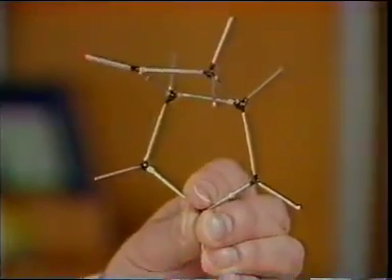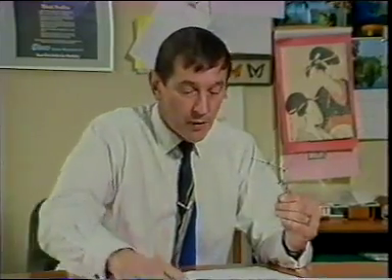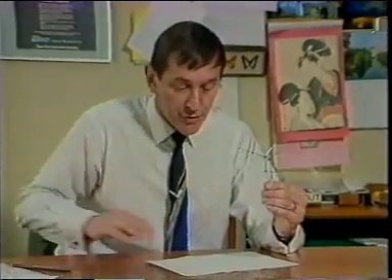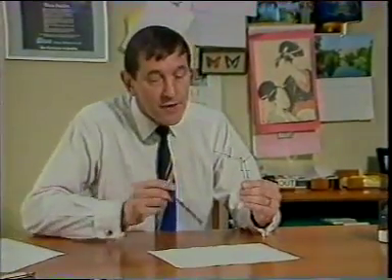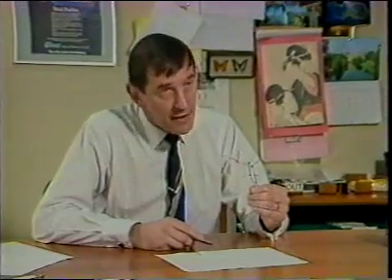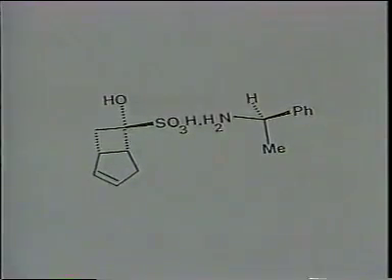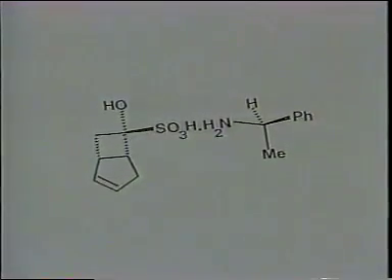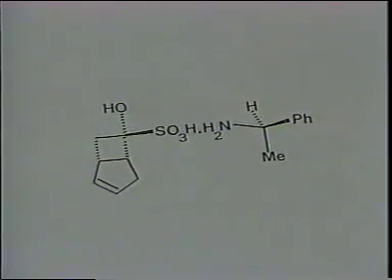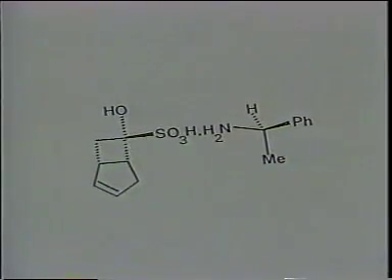If one considers, first of all, the process of resolution, well, in fact, the way we do this is, first of all, to make a bisulfite addition compound, and then, having done that, we make a salt with one of the optical isomers of alpha-methylbenzylamine. Now, normally, of course, to make a bisulfite addition compound of a ketone, you're creating a new asymmetric center.